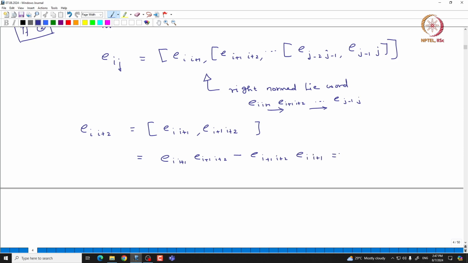Then you can easily see that only this part is going to contribute and this part is going to vanish, so you get exactly E_{i,i+2}.